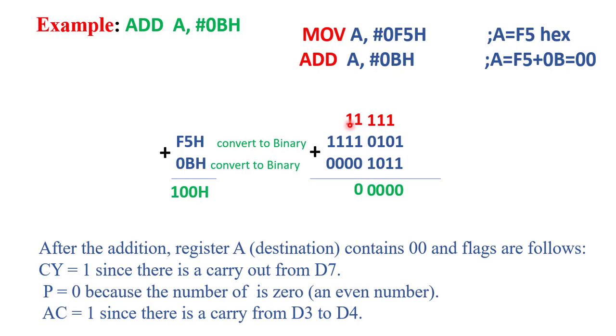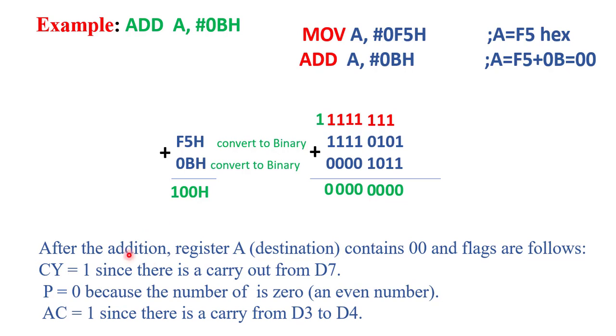Now next, 1 plus 1, 0 with carry 1. Again 1 plus 1, 0 with carry 1. Last is 1 plus 1, again result 0 with carry 1. So when we perform this addition, the result is 0, 0, 0, 0, 0, 0, 0, 0. It means the whole data is 0 and 1 carry is generated. So this result is stored into the accumulator register.